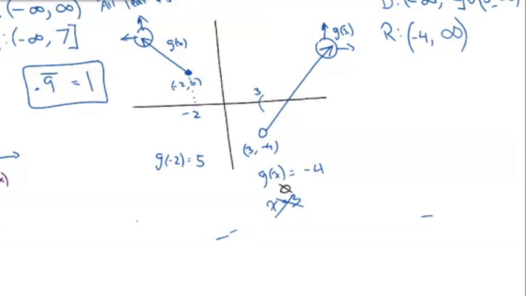Why is it -4? Coming from down here, the graph starts at this point, and that point has a y coordinate of -4. Because we're moving up the y-axis, I could care less about the 3. All I care about is that y value. So it has -4, -3, -2, -1, 0, 1, 2, 3, 4, 5, 6, all the way to infinity, as long as there's a graph someplace in the vicinity. There's no graph on the x-axis from here to here.